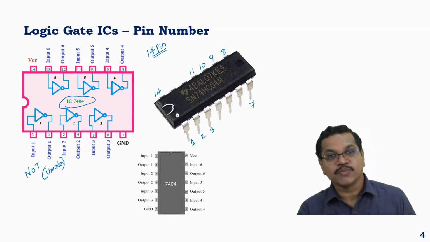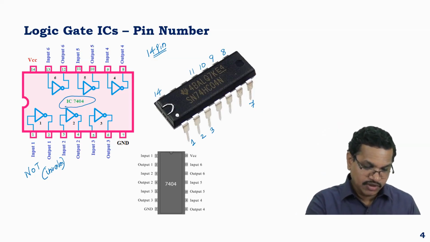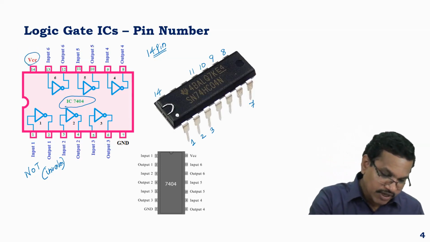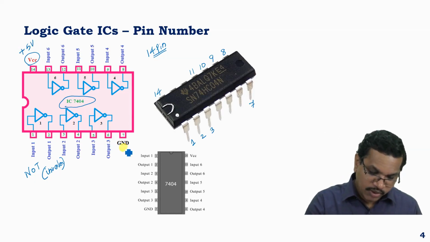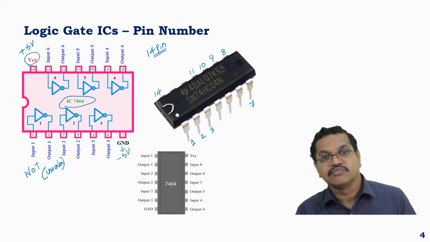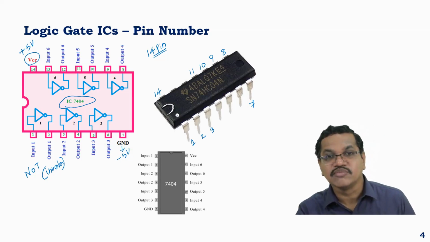Each terminal will correspond to some function that is written over here. For pin number 14, you apply a plus 5 volt DC input. Ground is going to be the reference, so you will have a DC supply with 2 wires, plus VDC or plus 5 volt should be given to 14, minus of that same power supply should be given to terminal number 7.